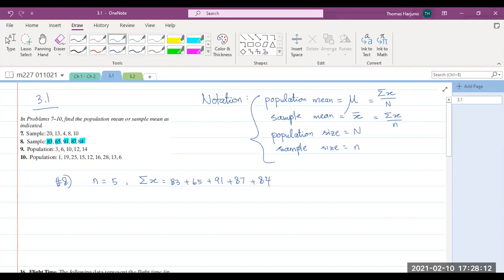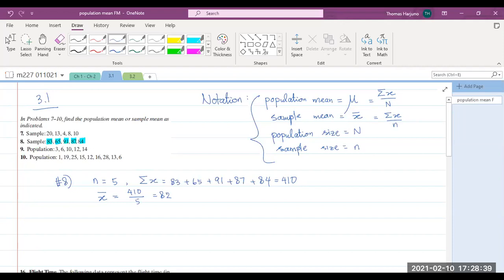I get 410. Because it's a sample, I use x bar equals 410 over 5. That gives me 82, I believe. That's how we do it.